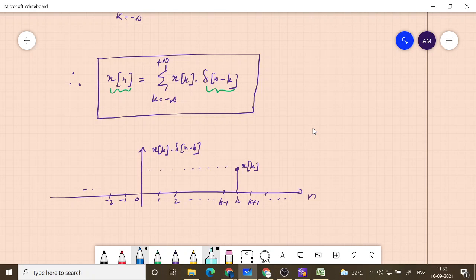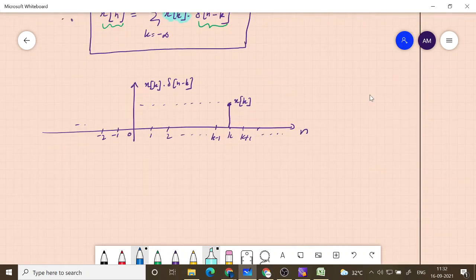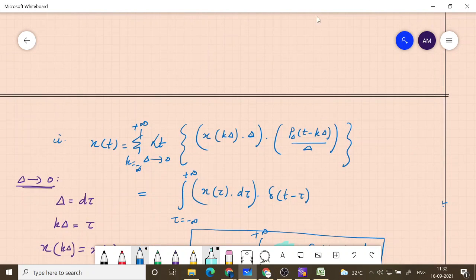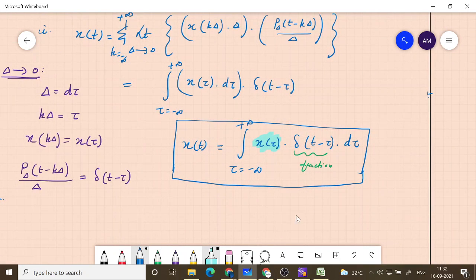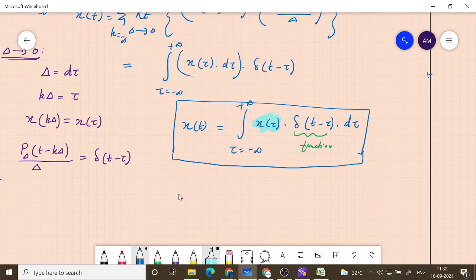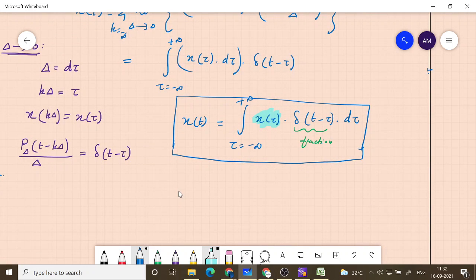So here this is the amplitude. It is the same idea, but one is in discrete time and the other is in continuous time domain. In continuous time domain, you need to do a little bit more algebra and taking of limits, etc. But otherwise the idea is the same. Is that clear? Yes, sir.